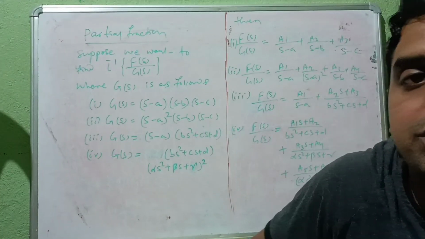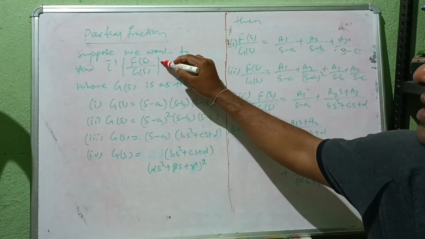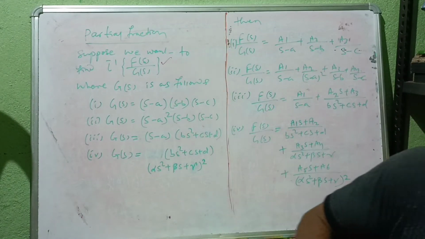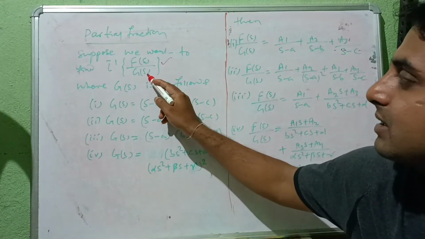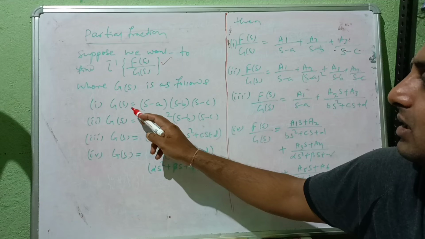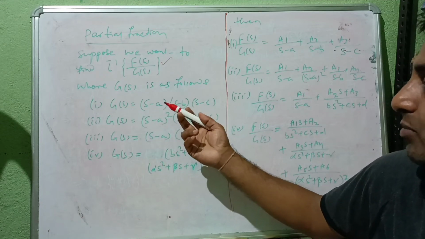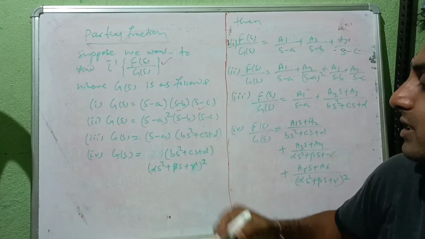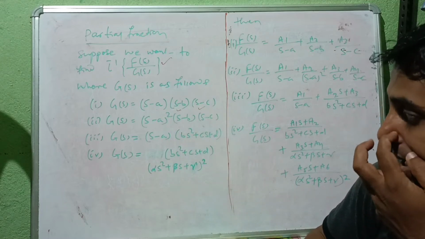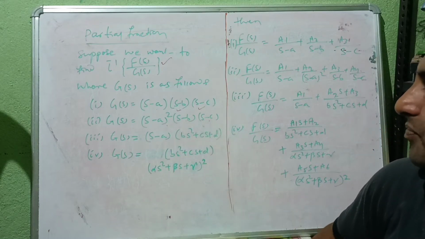Now suppose we have to find the Laplace inverse of f(s) by g(s), where g(s) will be in the form: a product of linear factors, (s minus a) into (s minus b) into (s minus c), or it may be (s minus a) whole square into (s minus b) into (s minus c).